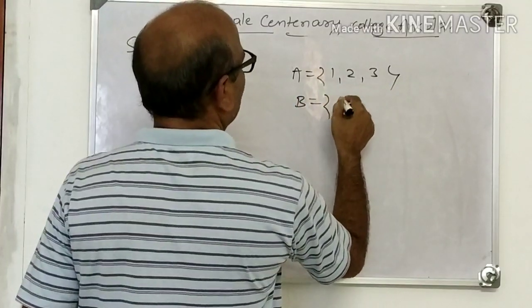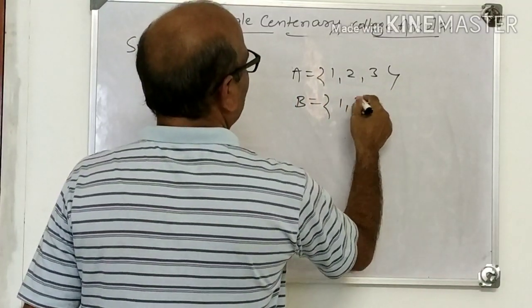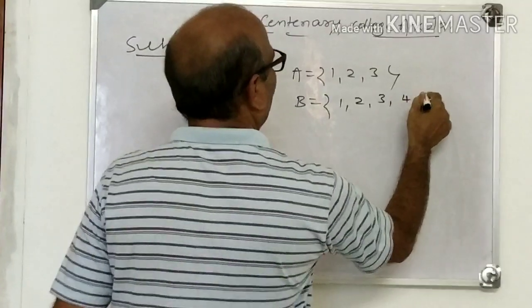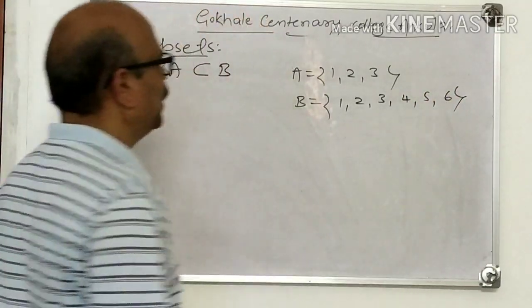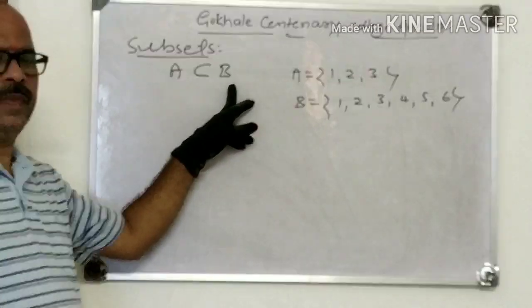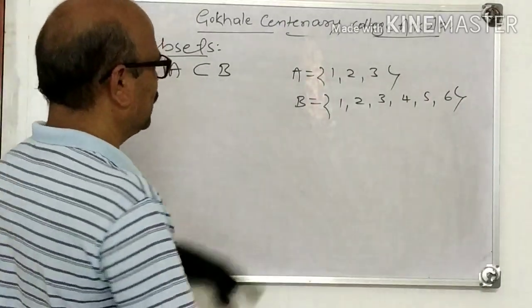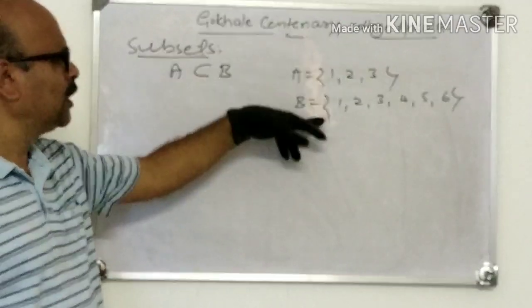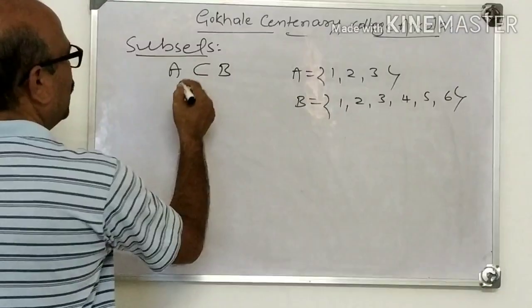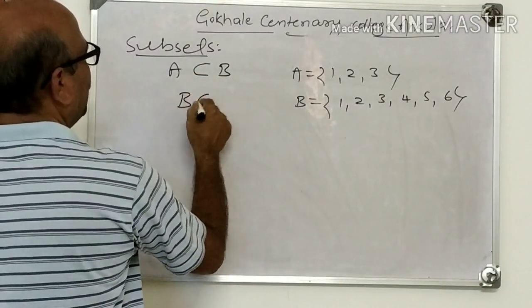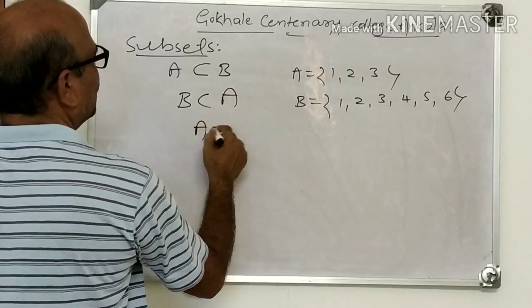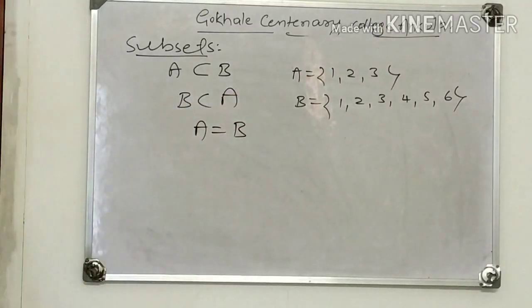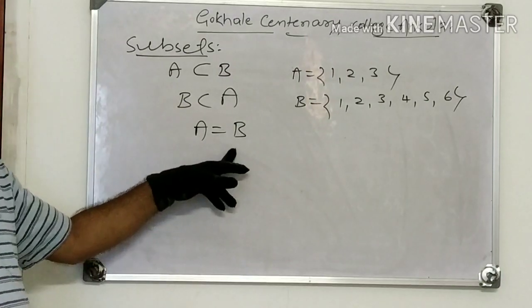B is 1, 2, 3, 4, 5, 6. Then A is a subset of B. But you can see here B is not a subset of A. A is a subset of A. Suppose A is a subset of B, B is also a subset of A, then we say that A is equal to B.